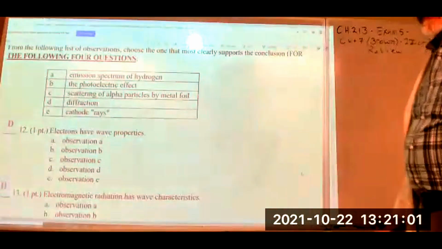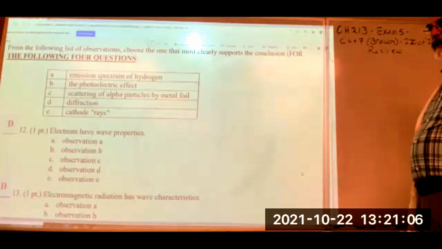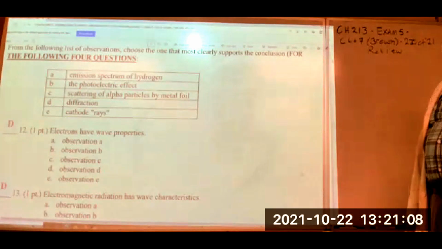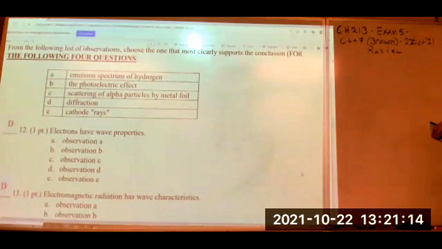Because the electrons have a much shorter wavelength than light, we can see smaller structures using electrons than we can using light. Okay, 13, electromagnetic radiation has wave characteristics. Right. Well, that's diffraction again. Anytime you're talking about waves, if you see diffraction, home in on that one.